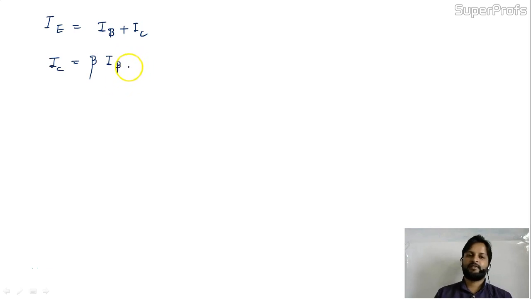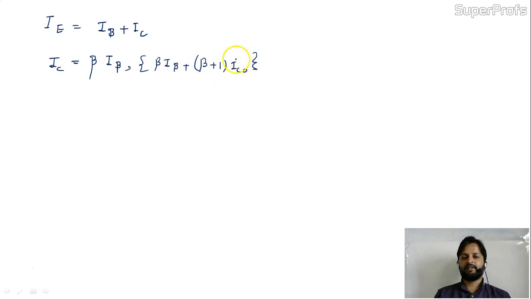Otherwise, the general formula is beta IB plus (beta plus 1) ICO, where ICO is the leakage current, in nanoamperes. So this is a negligible current, and IC is mainly beta IB. The relation between IE and IB is (beta plus 1) times IB.